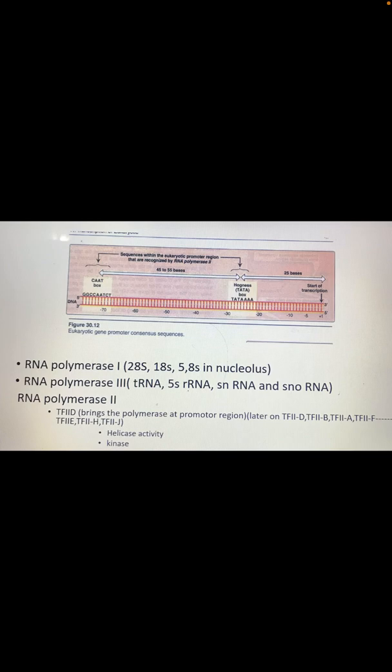There are many types which are components of the basal components of RNA polymerase 2 and are involved to initiate the process of transcription and facilitate the binding of polymerase with the consensus sequences.